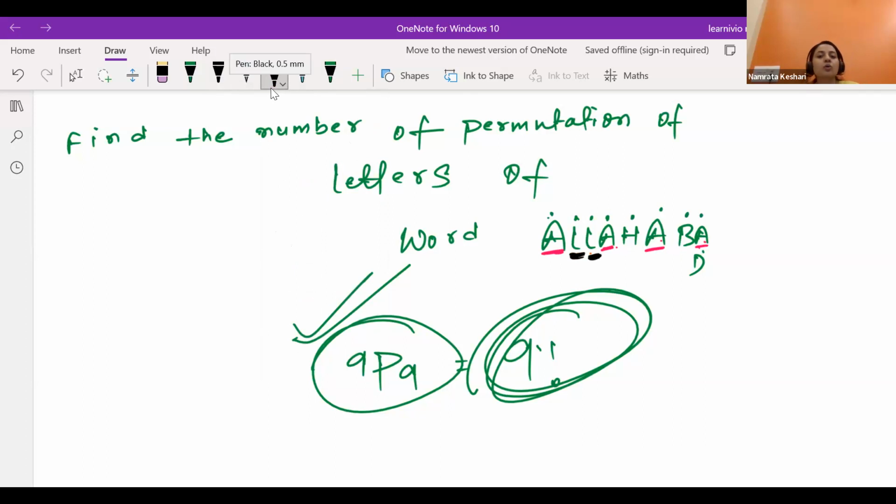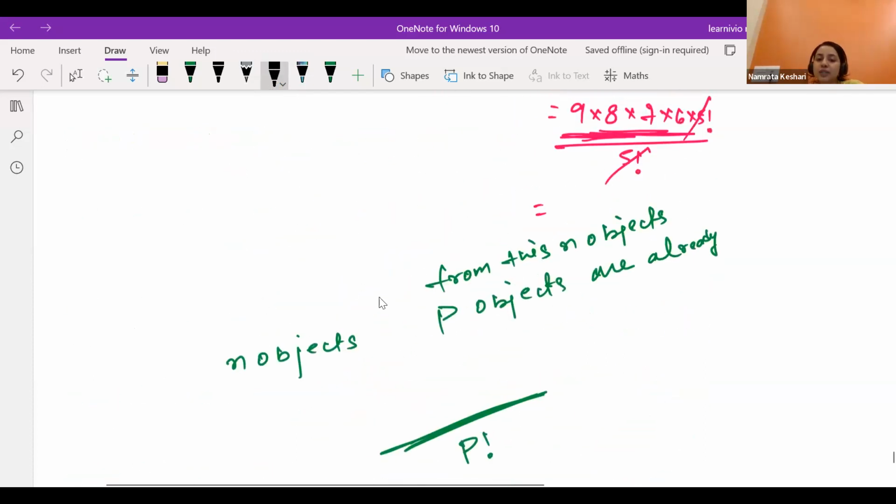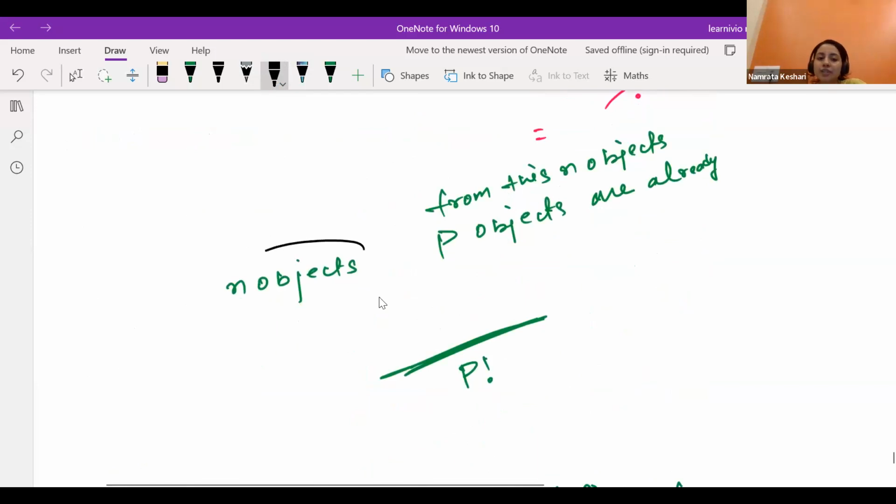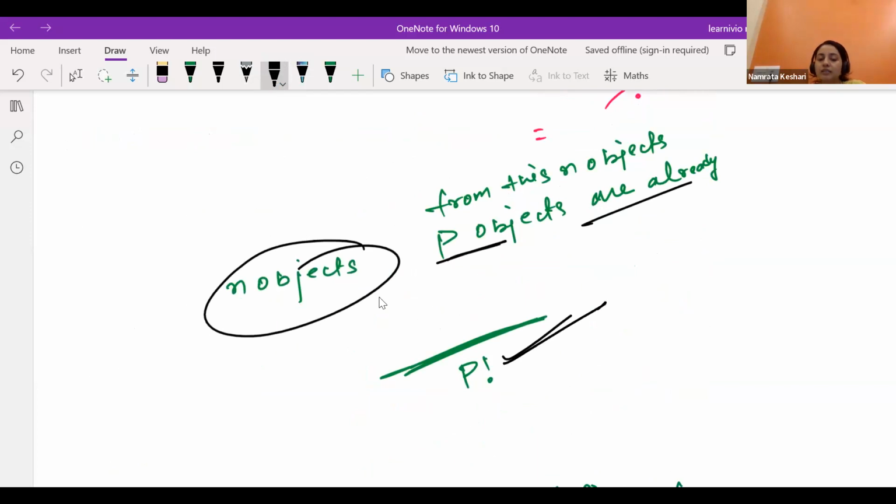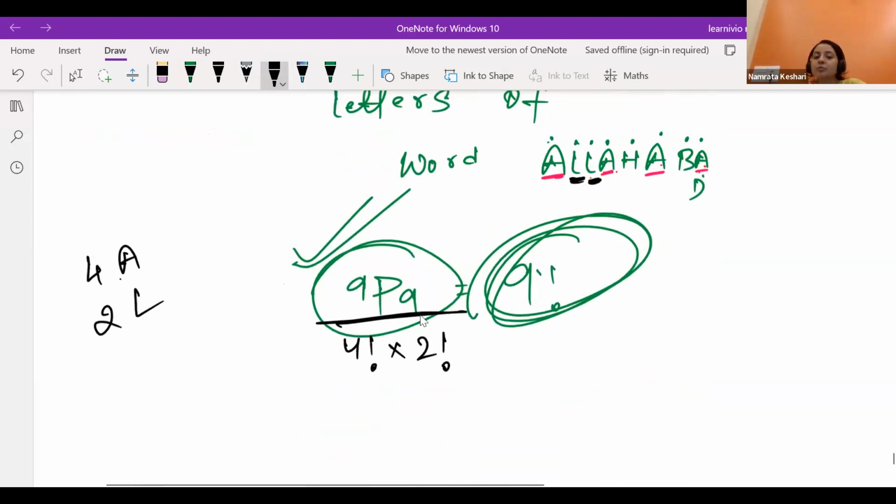H, B, D. So we have 4 A's and 2 L's, so we need to divide by 4 factorial and 2 factorial also, because these are the same. That's what I was trying to explain: when some of the objects are the same, you have to divide your permutation by the factorial of the same ones. Are you getting me?